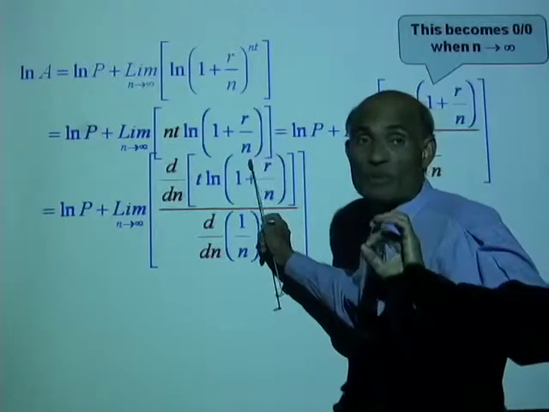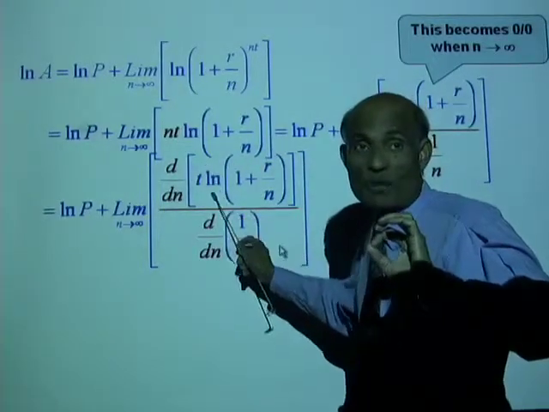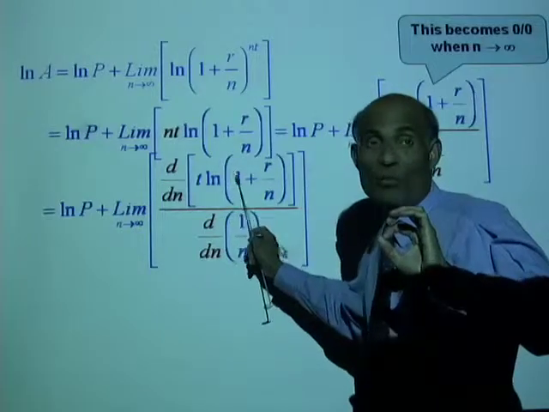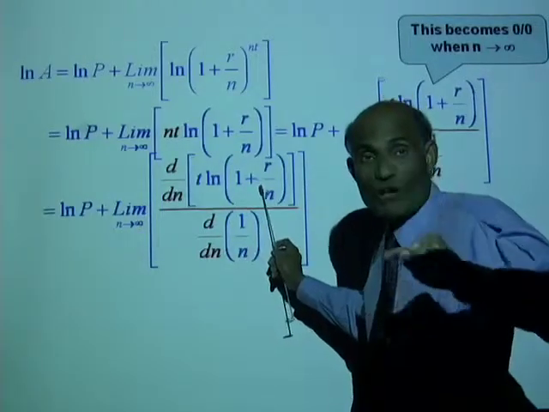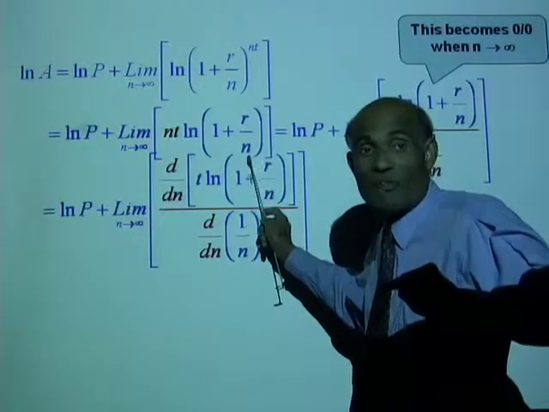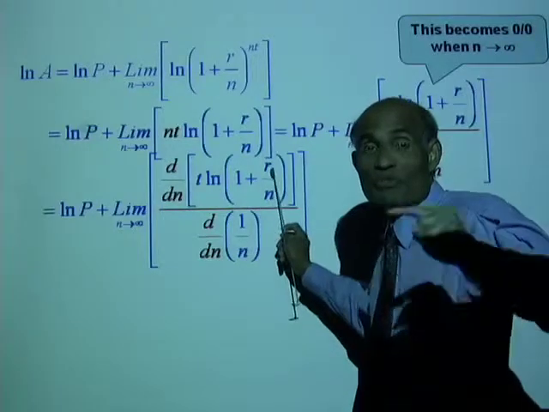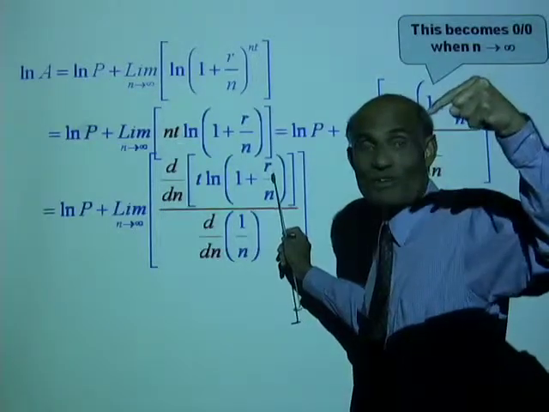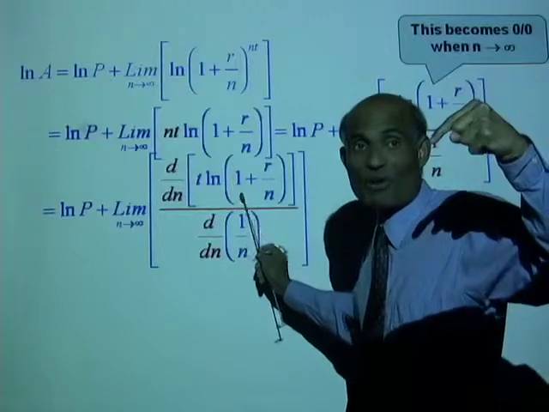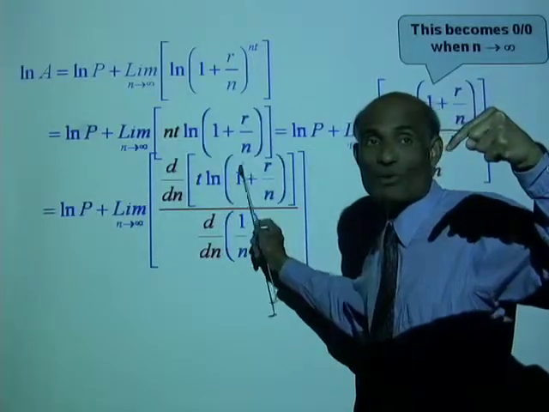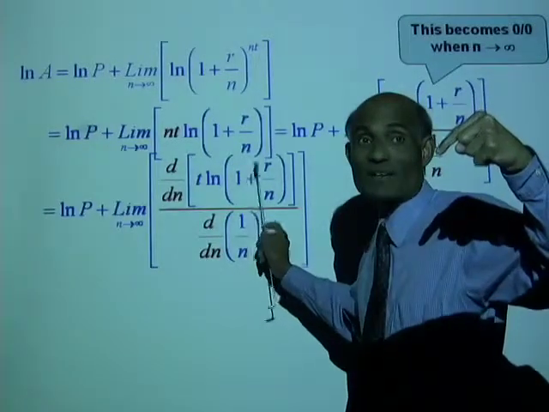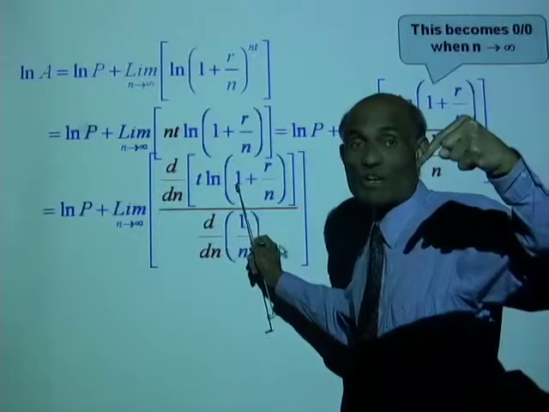That means the derivative of this will contain 1 plus r over n on the denominator and the derivative of this quantity on the numerator. Alright, tell me, what is the derivative of 1 plus r over n with respect to n? Derivative of 1 is 0.